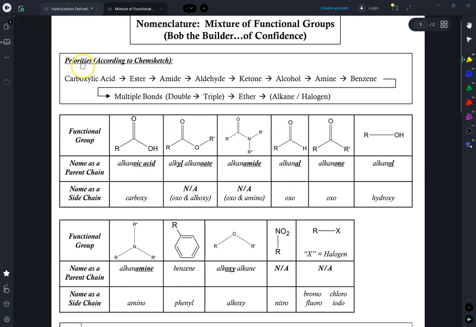And that is how chemists came up with this little priority list. So if I added a benzene, an alcohol, and let's say an ester functional group onto the same hydrocarbon, this molecule will behave more like an ester than an alcohol or aromatic compound. This is because the ester has higher priority than the alcohol or benzene groups. As such, its properties are more dominant and shine through more than the alcohol or the benzene.